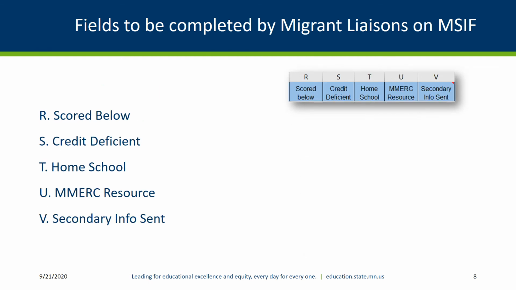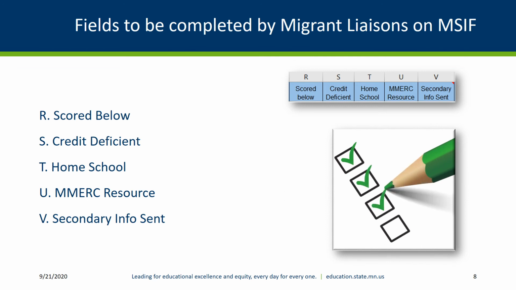Columns R through V are also to be completed by the migrant liaisons on the MSIF. We have scored below. If the child scored below the age or grade level on a local assessment. We have credit deficient. If a secondary student is credit deficient, we have homeschool to indicate whether the child is being homeschooled.